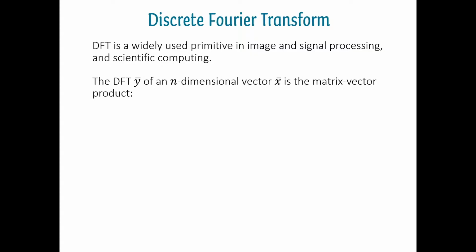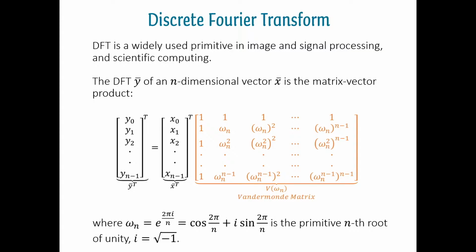So you are given a vector x, and you want to compute a discrete Fourier transform vector y. You see what that really means. You have this vector x with n points. You multiply that vector with this Vandermonde matrix, which has a nice structure.